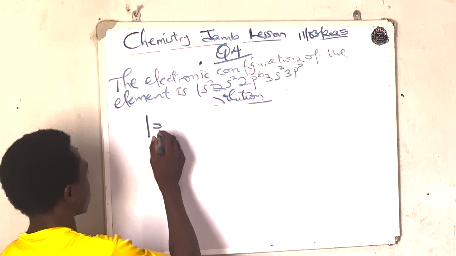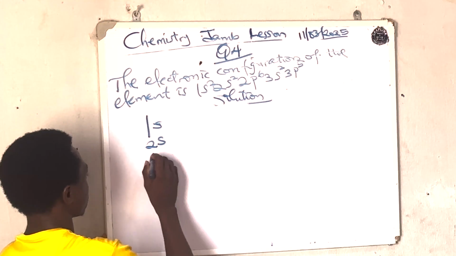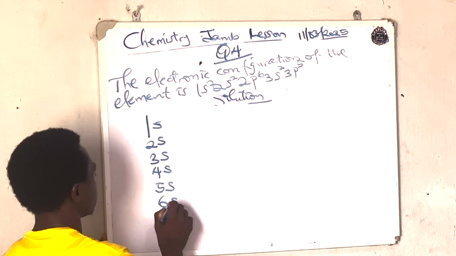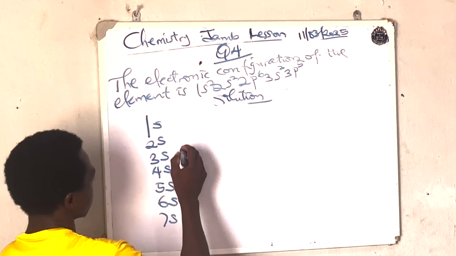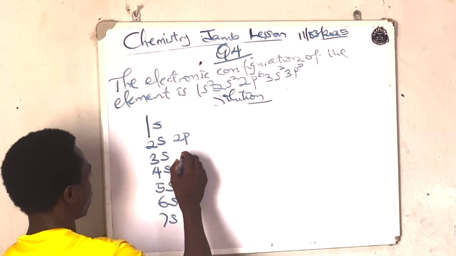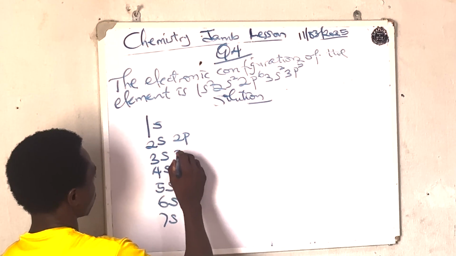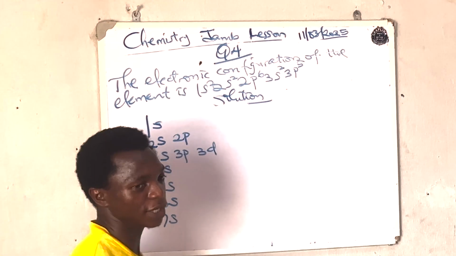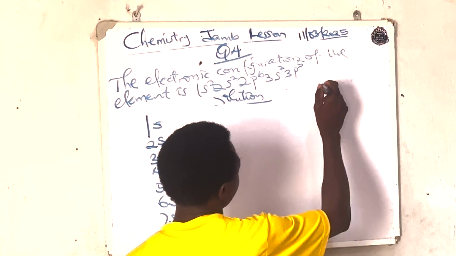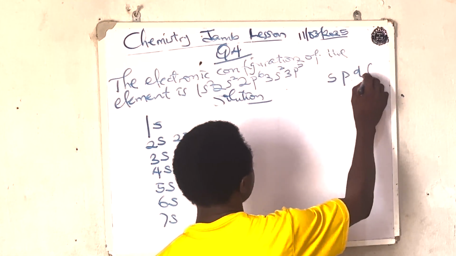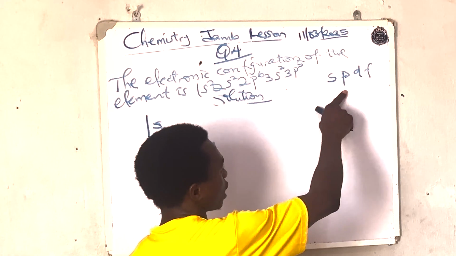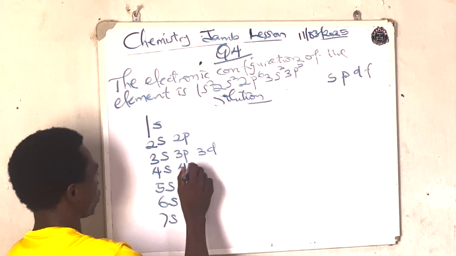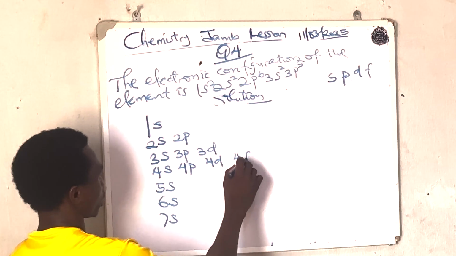First 1s, second 2s, 3s, 4s, 5s, 6s, and 7s. Then next we have 2p, next we have 3p, 3d. Remember here, in electronic configuration we have s, p, d, f. So after s you have p, after p you have d and f, respectively. So we are going to have 4p, 4d, and 4f.